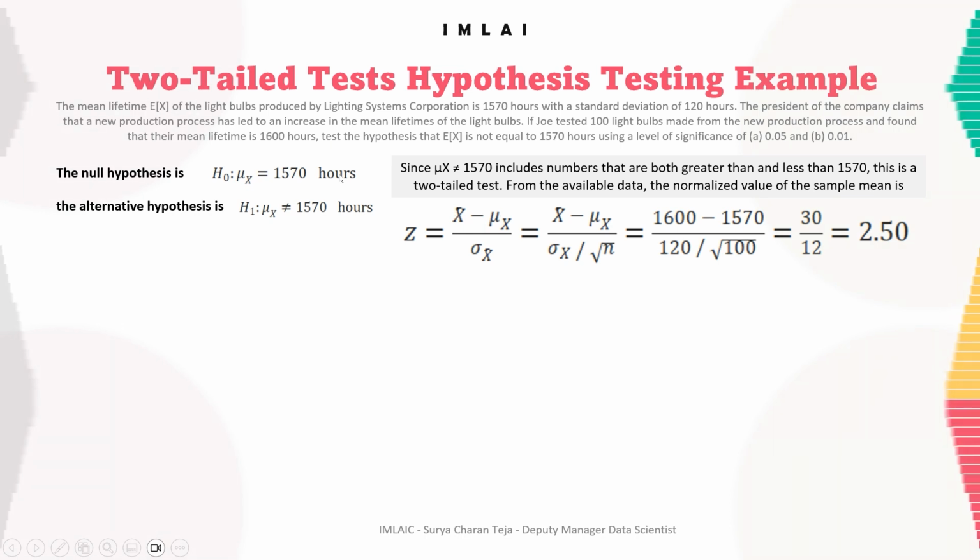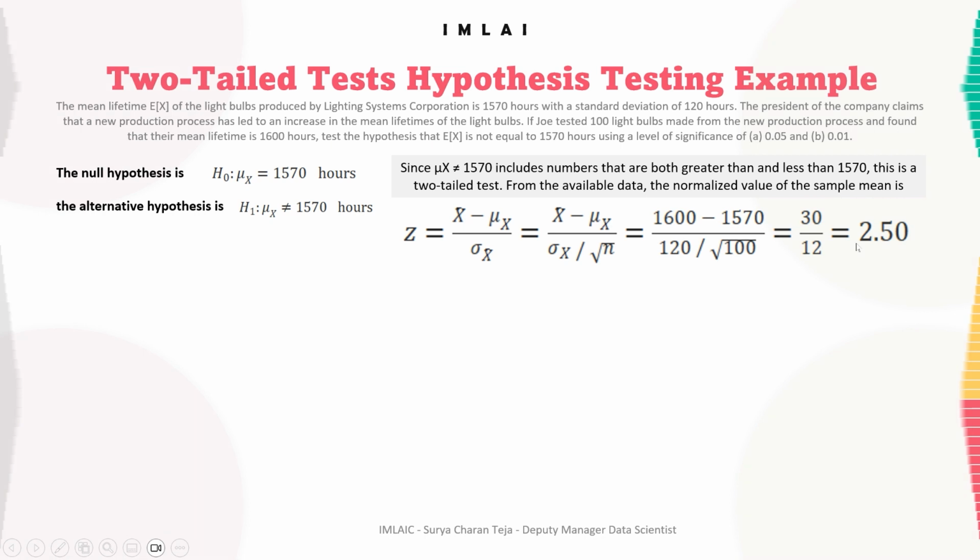So 1600 minus 1570, divided by sigma, the standard deviation of around 120 hours, divided by the square root of n, the sample size. What we got is 2.50.